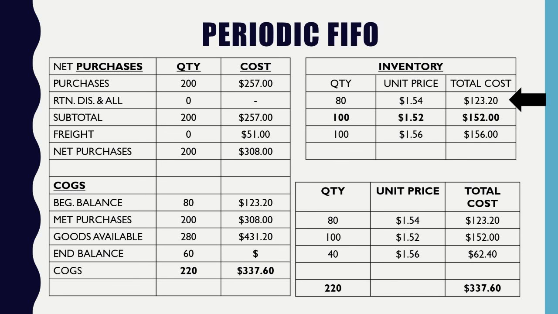You add up these three things, and you're going to get a grand total of $337.60 as your cost of selling 220 items. From here on out, it's pretty straightforward to solve for your ending inventory. You're going to be left with 60, costing you $1.56, which is equivalent to $93.60.